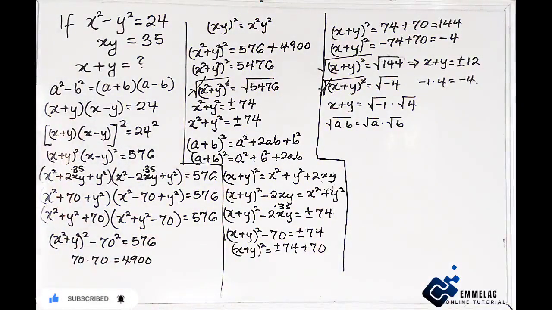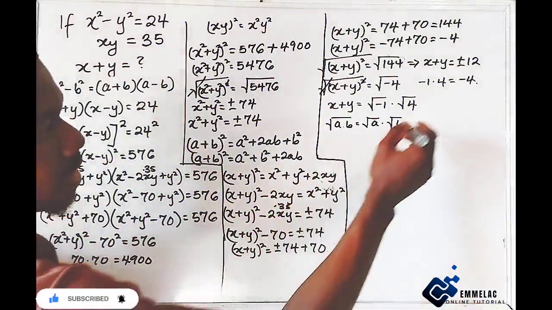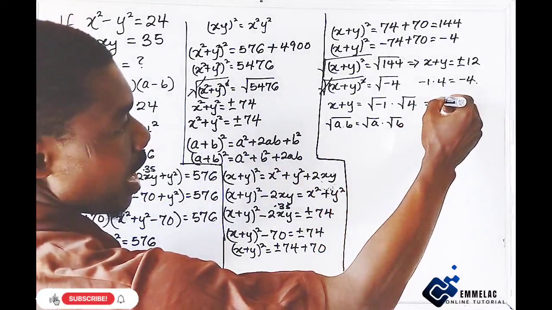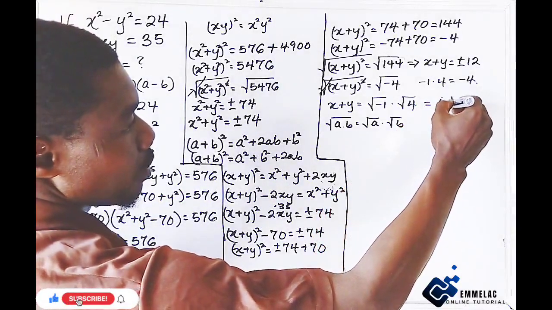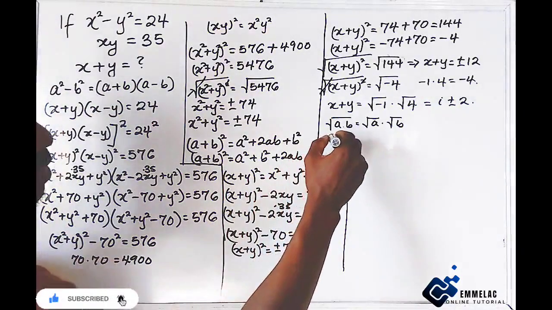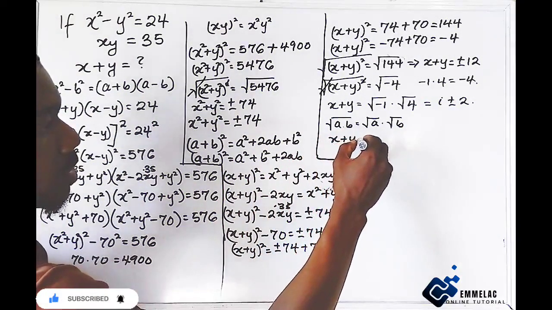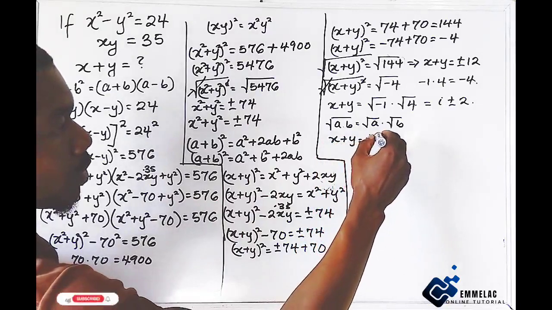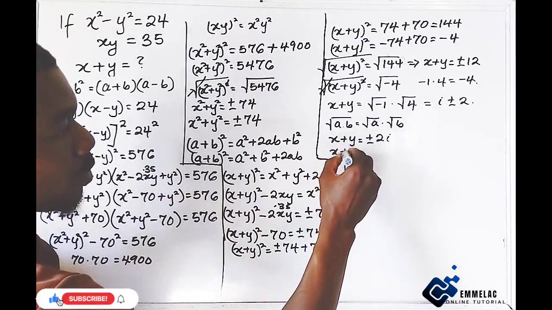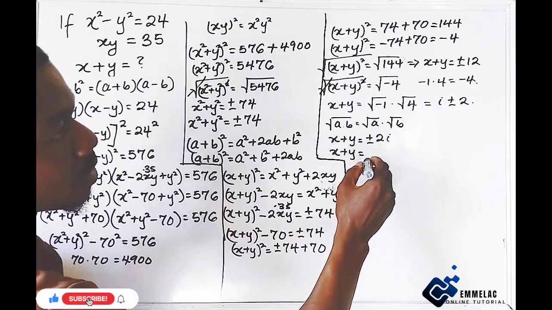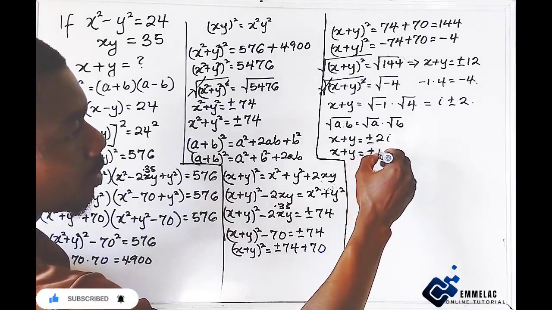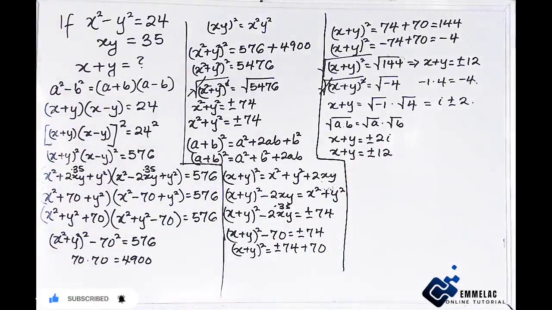So with this, this will now be i times plus or minus 2. So x plus y gives us plus or minus 2i, and x plus y equals plus or minus 12.